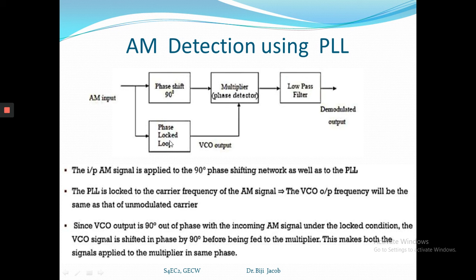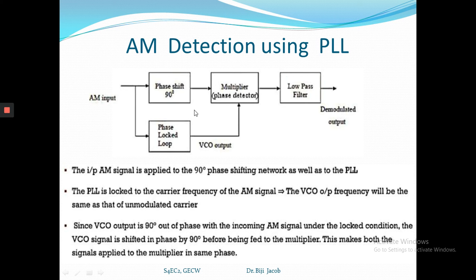So the AM signal is given to the phase lock loop. Once the PLL gets locked with the AM signal, the VCO output frequency will be exactly the same as the carrier frequency of the AM signal. So you will be recovering the original carrier of the AM signal. Since under the lock condition, the PLL frequency will be 180 degrees out of phase with the input frequency, you should give a 90-degree phase shift to the AM signal.